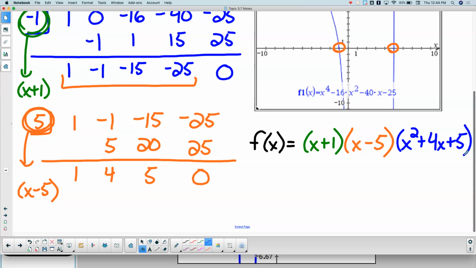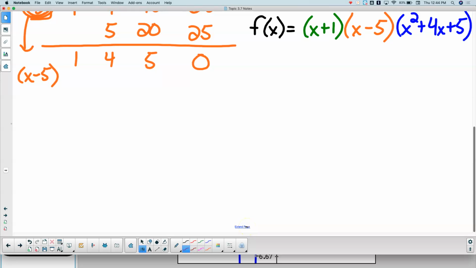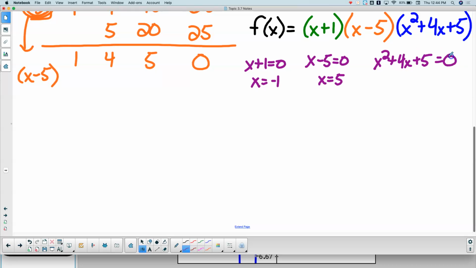Okay? So we've got x plus 1 equals 0, so that gets me x equals negative 1. We got x minus 5 equals 0, so that gets me x equals 5. And then we've got x squared plus 4x plus 5 equals 0. So I'm going to use the quadratic formula on that one.